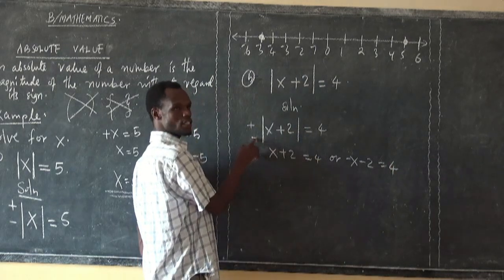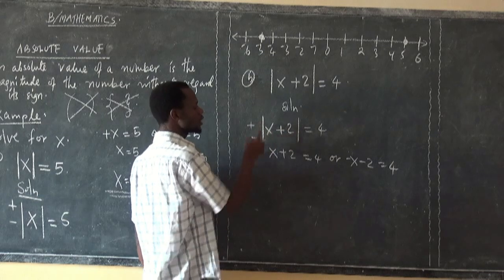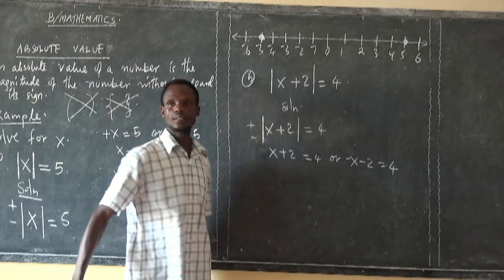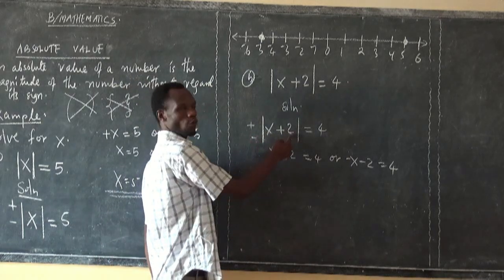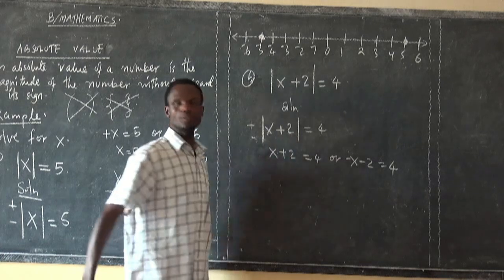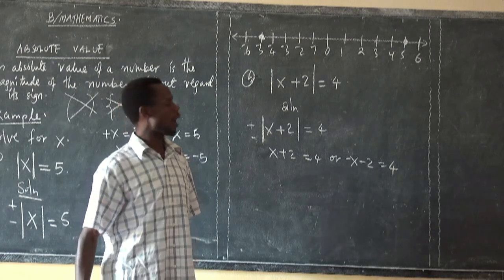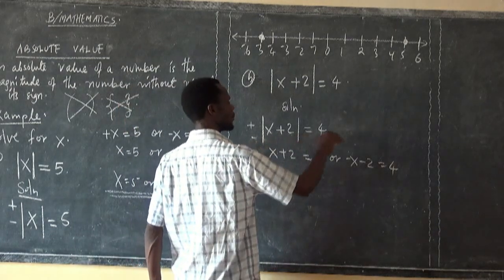This negative is only multiplied to the numbers which are present in the bracket in order to remove the bracket. Kwa hii inazidishwa tu za kwenye bracket. Usifanye kama tulivyokuwa tunafanya elimination method na substitution method kwamba tunazidisha kwa zote mpaka huko.